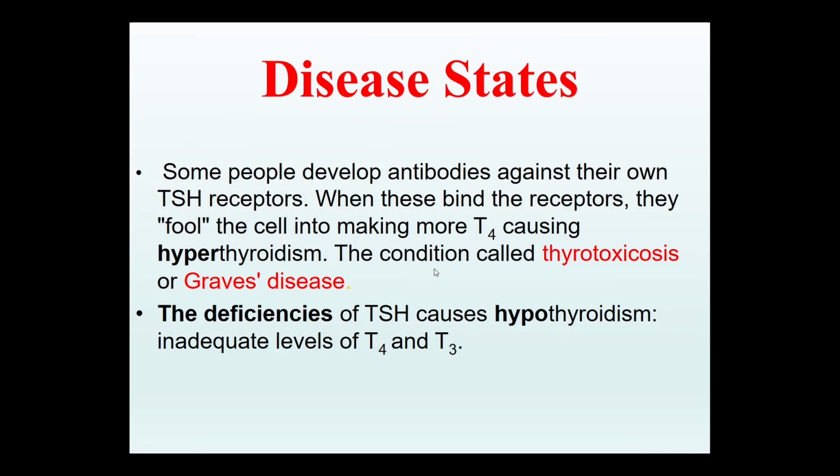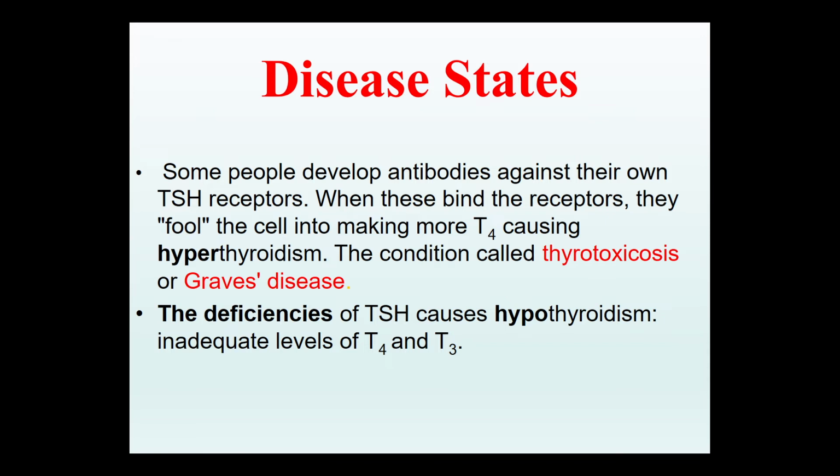Deficiency of TSH or maybe mutant TSH receptors. Some people inherit mutant TSH receptors, resulting in hypothyroidism. Some people develop antibodies against their own TSH receptors.